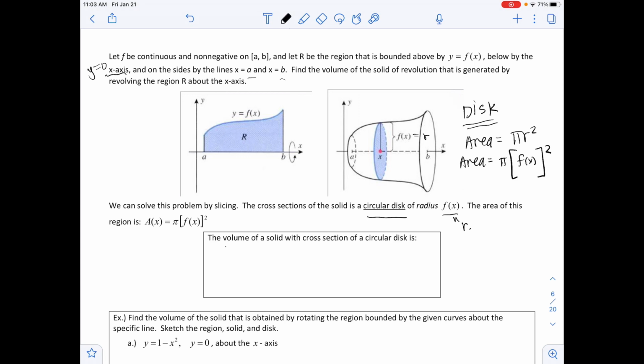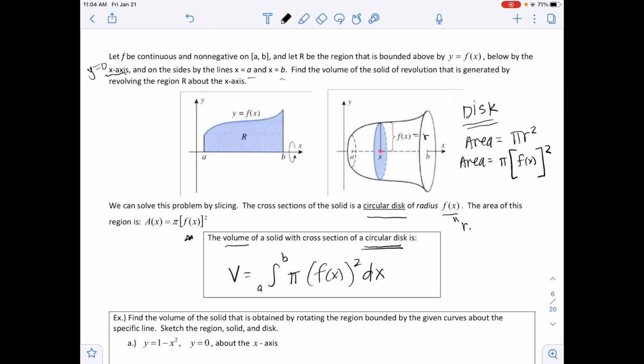So to find the volume of a solid with a cross section of a circular disc, our volume is equal to the integral, and we are going to be integrating again from a to b, of pi r squared, and so again pi times our function, which is our radius since it changes, squared, and then dx since we are integrating with respect to x.